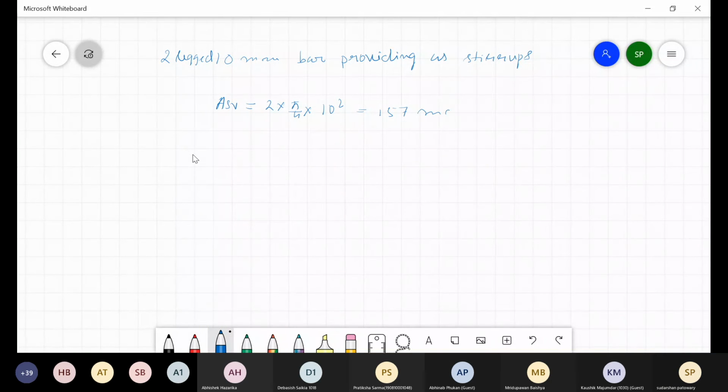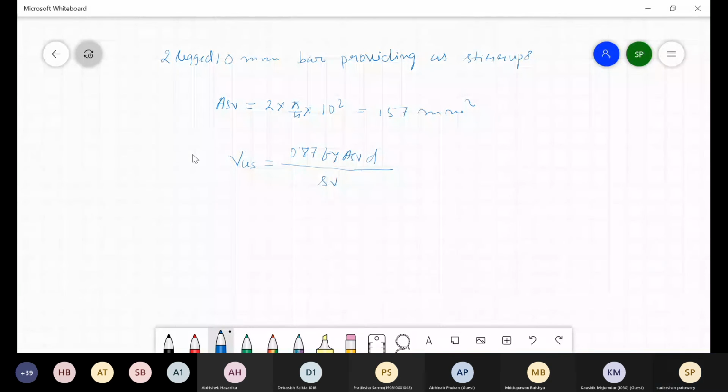157 mm square. So from IS 456, if I use directly this formula, Vus is equal to 0.87 fy Asv d by Sv, which we have just derived.